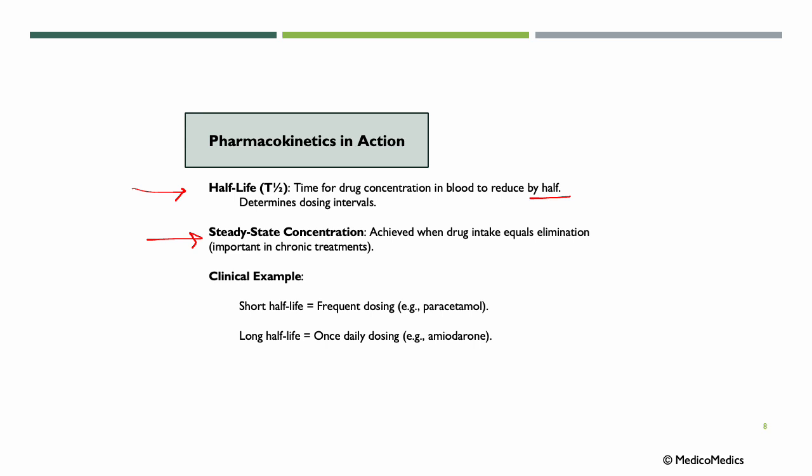So it's a critical concept in long-term therapies where stable blood levels are needed. For example, drugs with a short half-life, like paracetamol, require more frequent dosing, while those with a long half-life, like amiodarone, can be given just once daily. Understanding this helps tailor dosing regimens to maximize effectiveness and minimize toxicity.